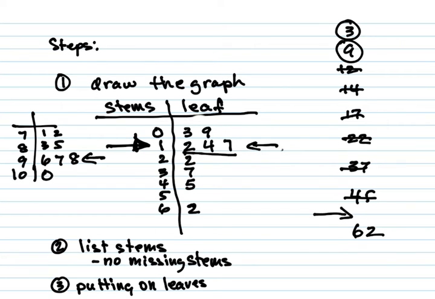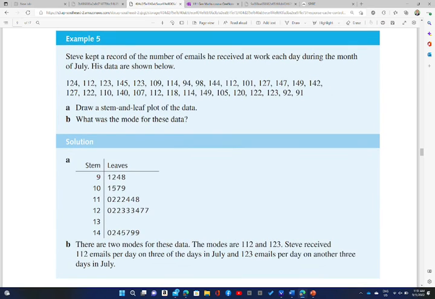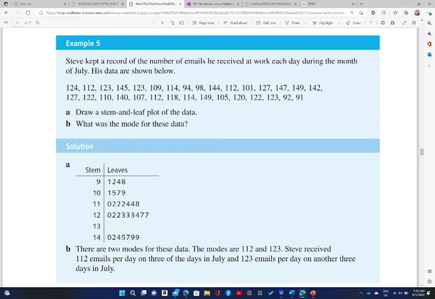All right, now let's look at something else from the book and see what else they're doing. Now here, what they're doing is picking out a specific mode, not the mode of a stem, but the actual mode of the data, which is what you were trying to do a moment ago, by looking at the actual values themselves.